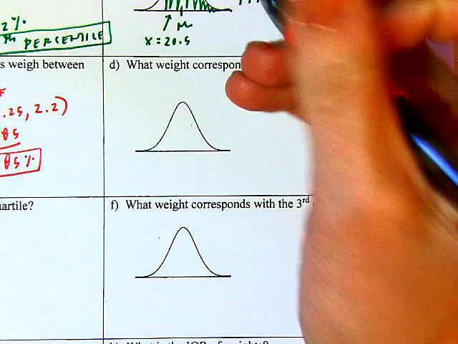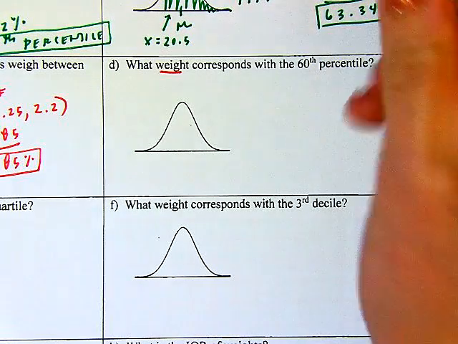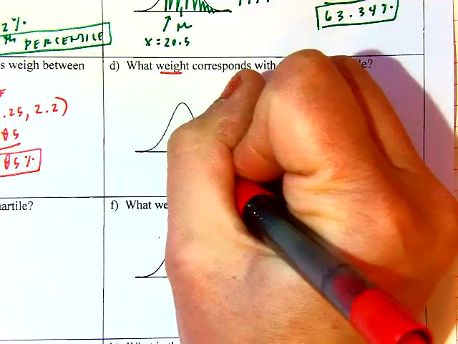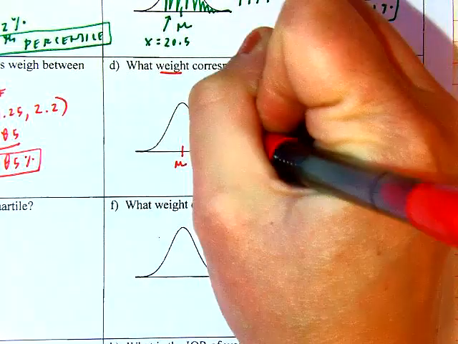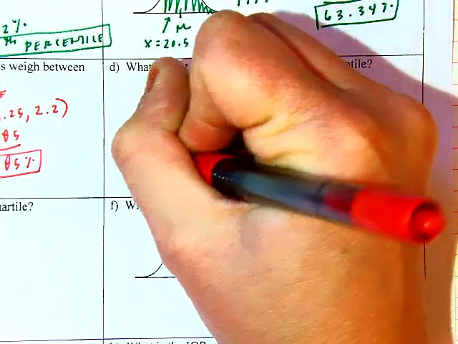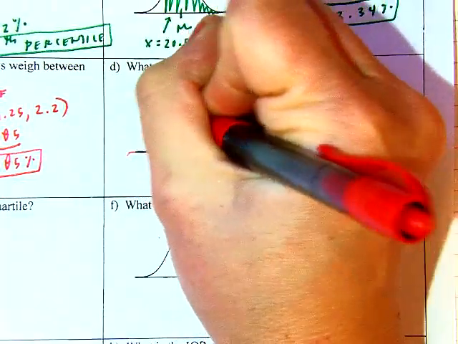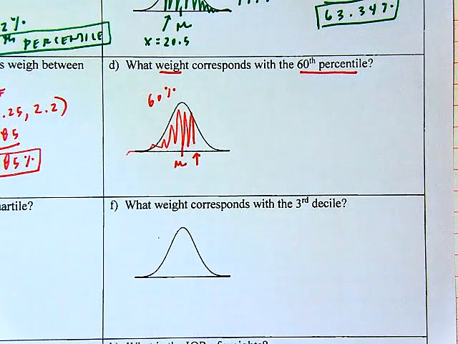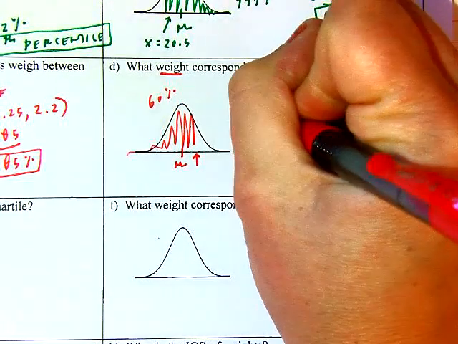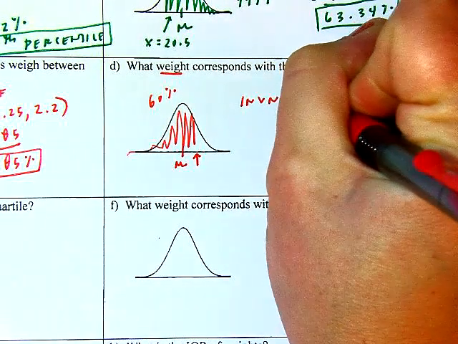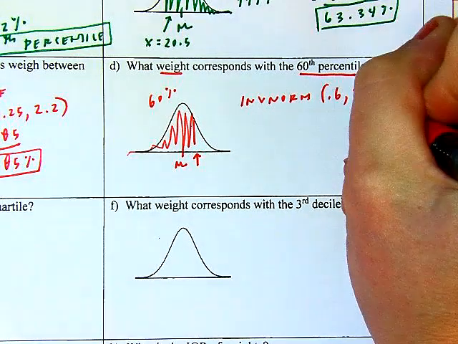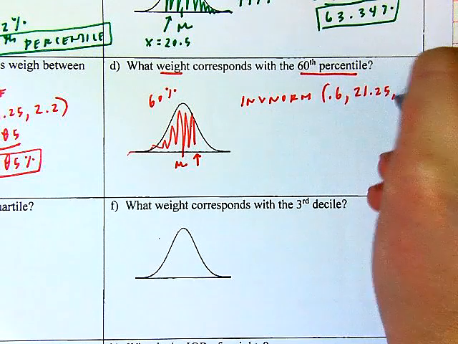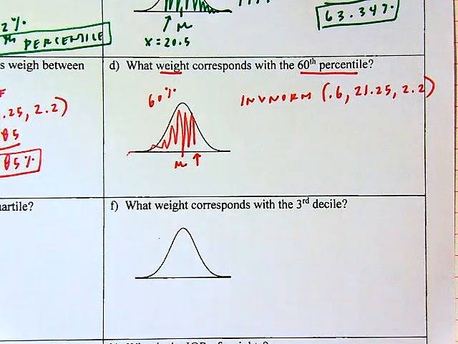So here I'm saying, well, what weight corresponds to the 60th percentile? So here's my mean, and here I want to solve for the X value that creates this situation where there's 60% that falls in that lower left-hand tail region. So here I would say inverse norm, 0.6. I do know my mean, 21.25, and my standard deviation of 2.2.